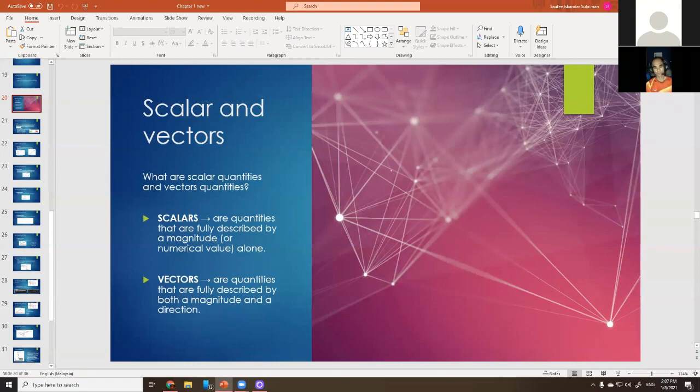For example, length. Length is a scalar. Displacement is a vector.